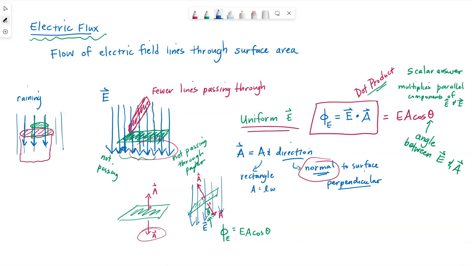Even though we have all these electric field lines passing down, by rotating this piece of paper, this rectangle, we now only have the component of, we can think of it either as the component of the area vector that is in the y direction with the electric field.